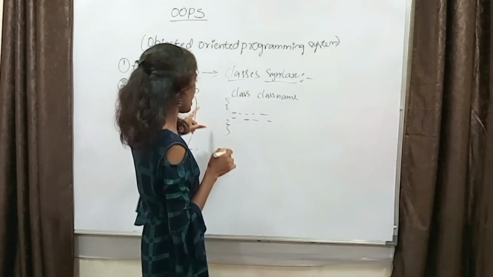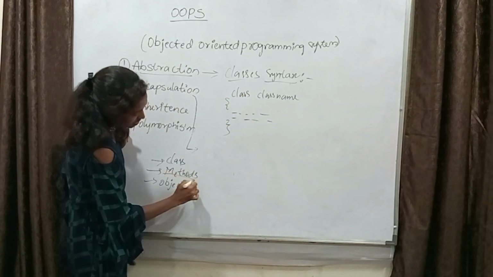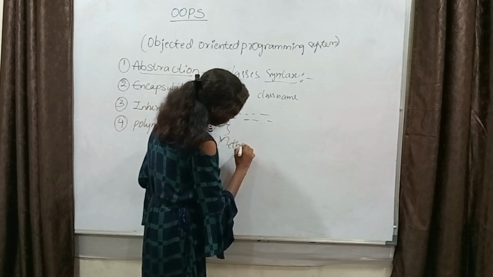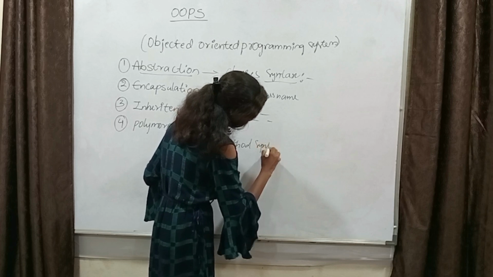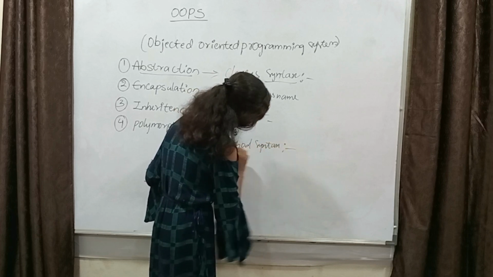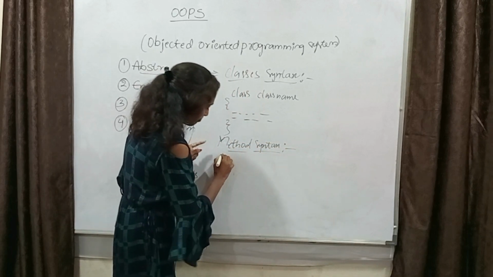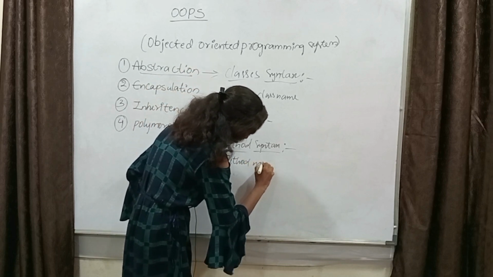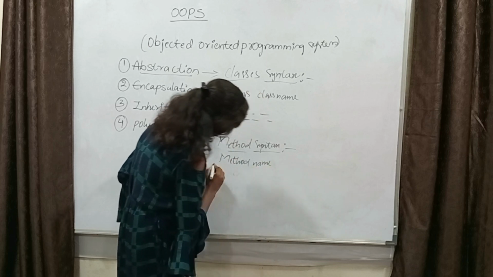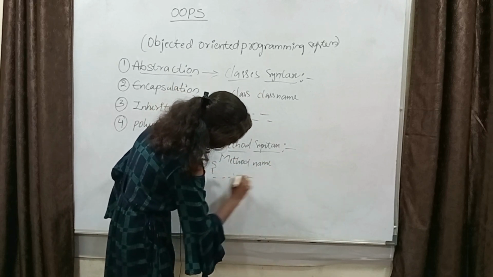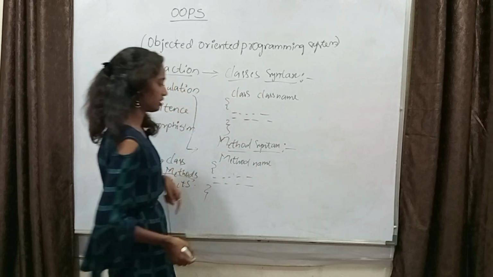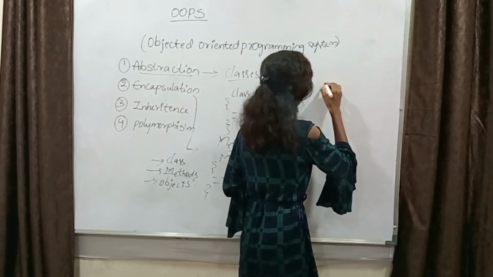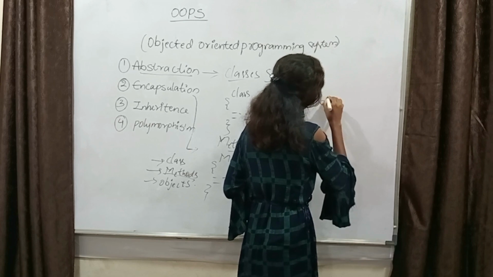This is class syntax. And coming to the method syntax. Method syntax is method name, open brace, some block of code and close brace. And last one is object syntax.